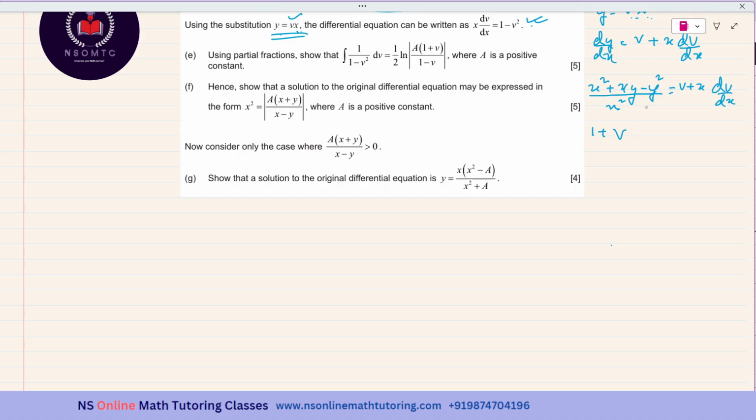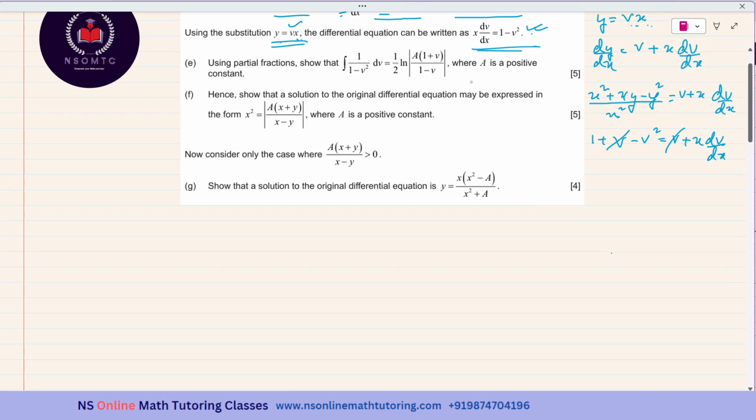So this is v, and this one is minus y squared over x squared, so this is minus v squared, equal to v plus x dv dx. And if we subtract v from both the sides, we get x dv dx equal to 1 minus v squared, which is given. Okay, so we have now understood how we are getting to this equation.